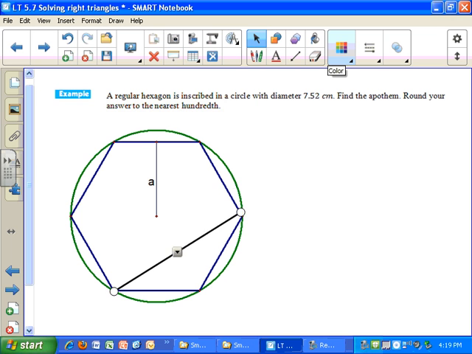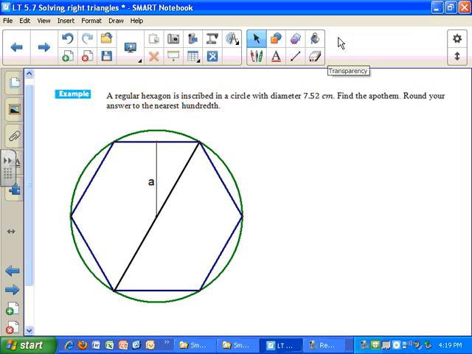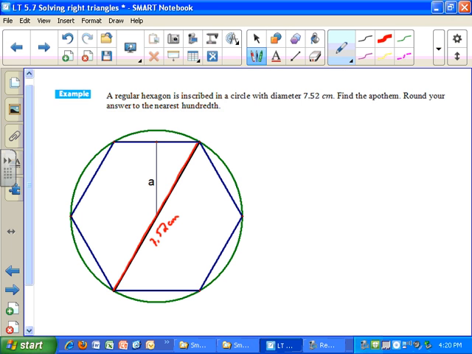But if we make the diameter go from this corner to this corner, now we've got something that's going to help us out. Okay? Because it doesn't matter where in the circle I draw that, the diameter has to be 7.52 centimeters. Now I mentioned before that the apothem has to meet one of those sides at a 90-degree angle, so now we've got our right triangle.